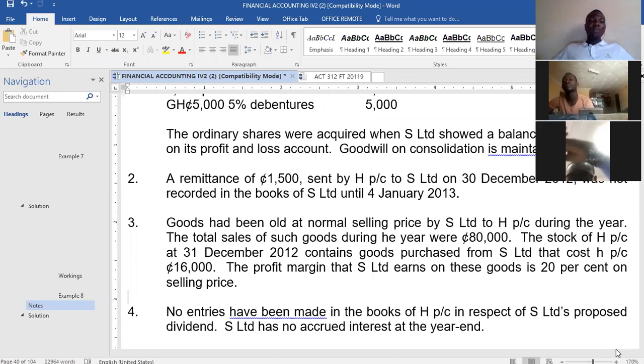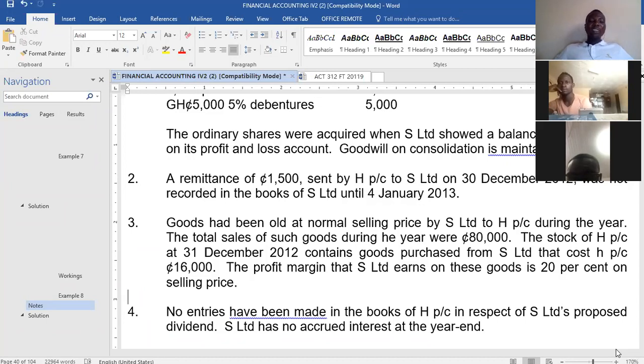These goods had been sold at normal selling price by S to H Limited during the year. The total sales of such goods during the year were 80,000. The stock of H at December 31st contains goods purchased from S at a cost of 16,000.